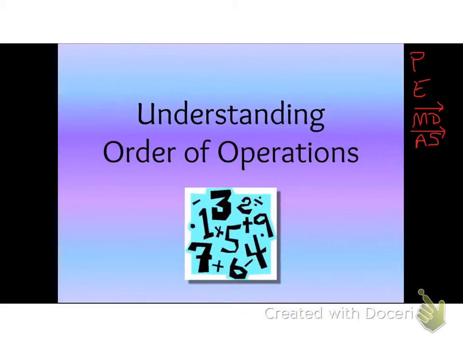That's what's important to remember. It doesn't matter if you add first or subtract first, but as you move your eyes across the paper from the left side to the right side, if you come to subtraction first, you're going to do subtraction. Then your next step might be addition, and then you may have subtraction again. And that's okay. You always want to move from left to right with the multiplication and the division. That's the most common error that I see kids make.